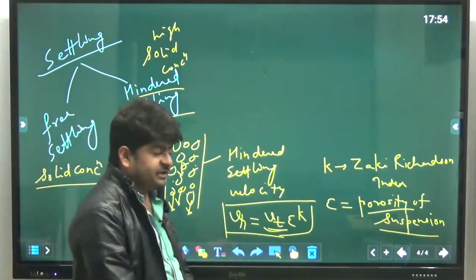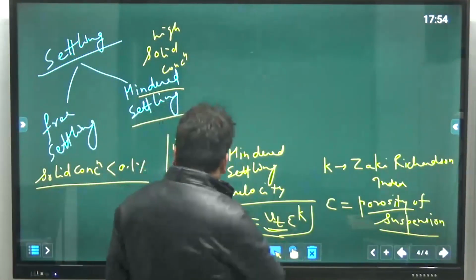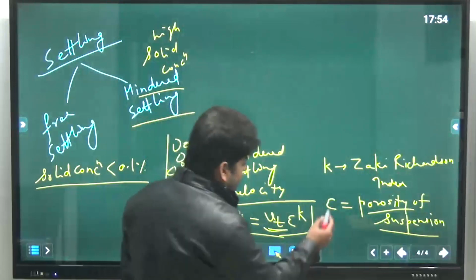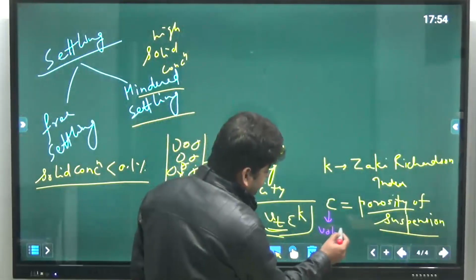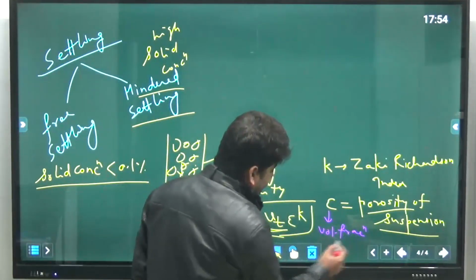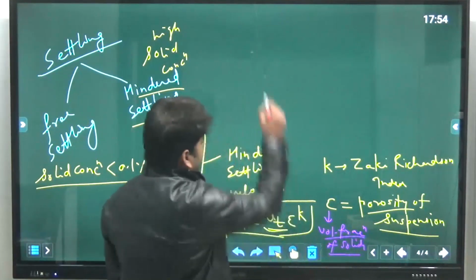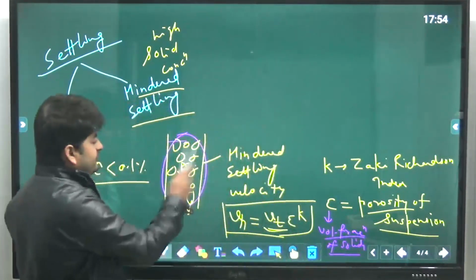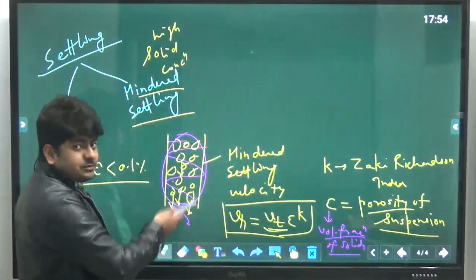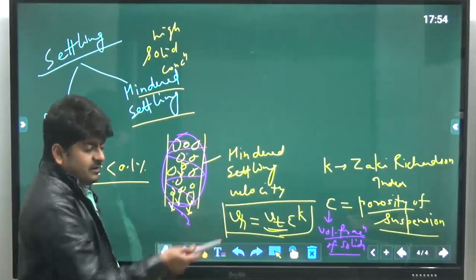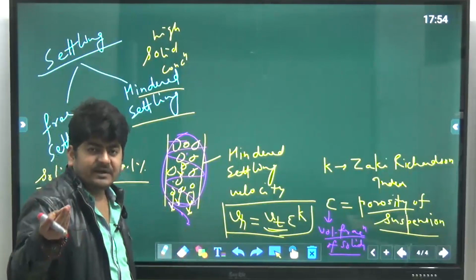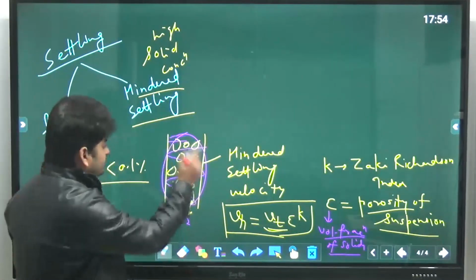And here porosity of suspension, that should also be clear to you, means the volume fraction of solids. In the mixture, in the tank, we have fluid and we have particles. So the volume fraction of particles: fraction means the volume of particles divided by total volume.